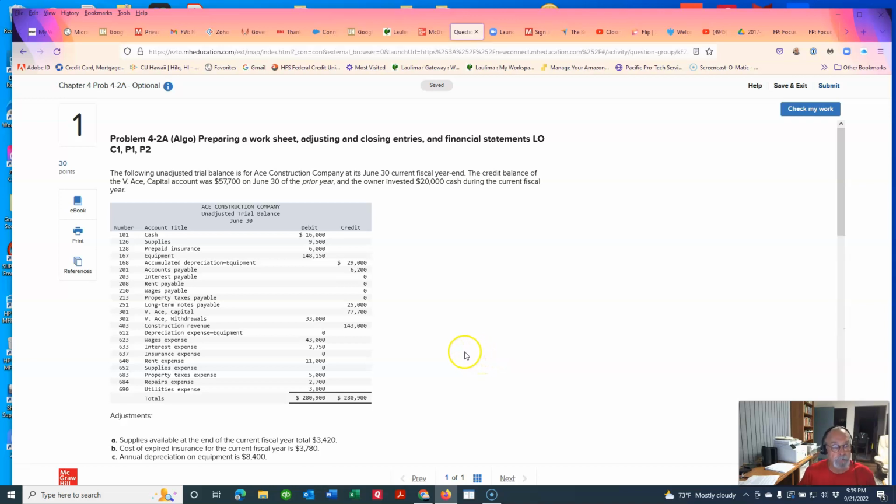Remember that most of these problems, not all of them, are algorithmic. What that means is that you have 3 tries for each of the assigned graded problems, and each time you start the problem again, the problem is the same, but the numbers change.